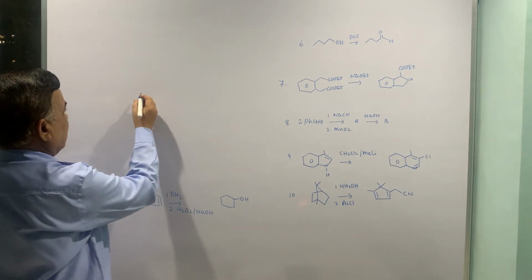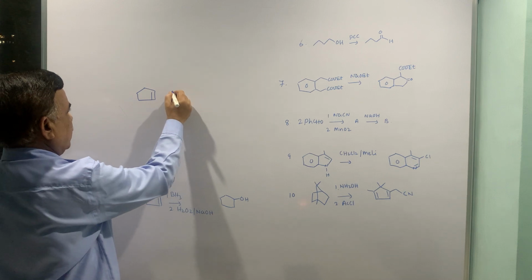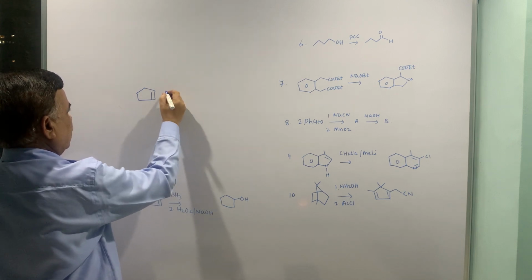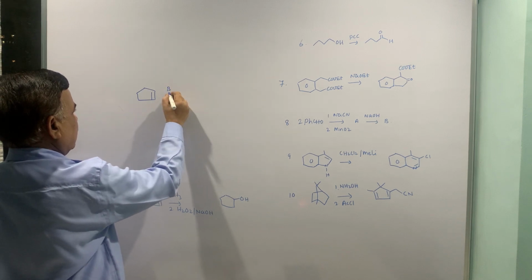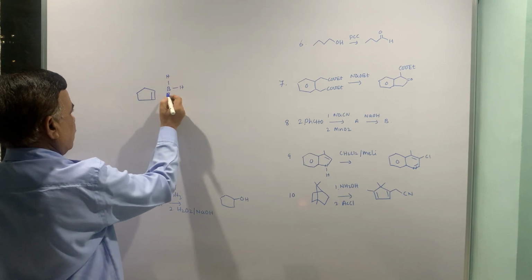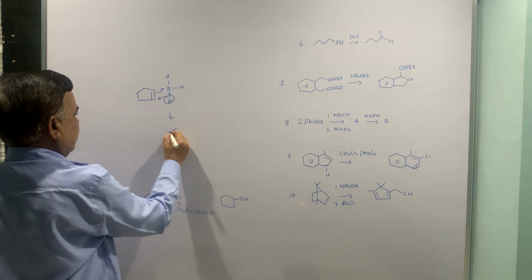Next one is diborane, or this BH3 is there. So BH3 we have seen, I'll put BH like this, and then boron and hydrogen, they are coming from the same side.